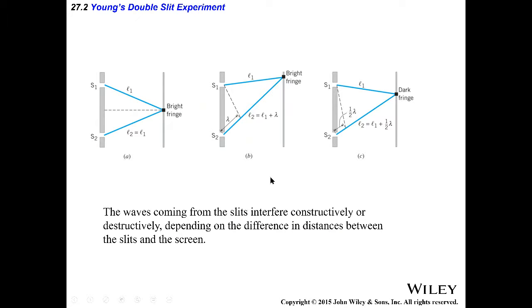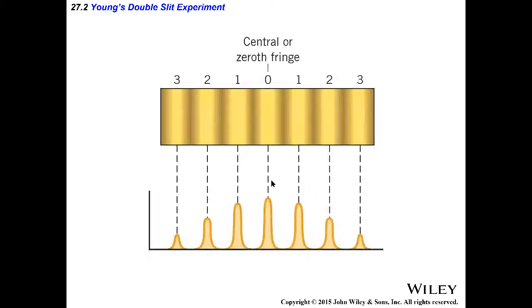But now we can apply our trigonometry in order to get the precise location, the angle where you will find a bright fringe, the angle where you will find a dark fringe. So we now draw this, and we now say, well, let me now look. The distance between slit 1 and slit 2, I call it d.